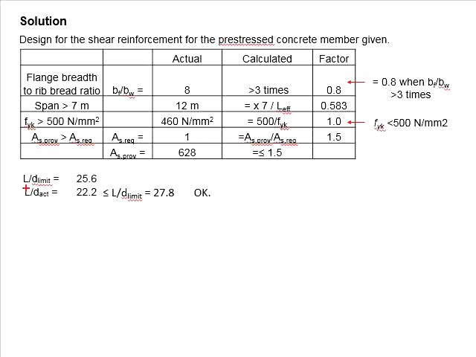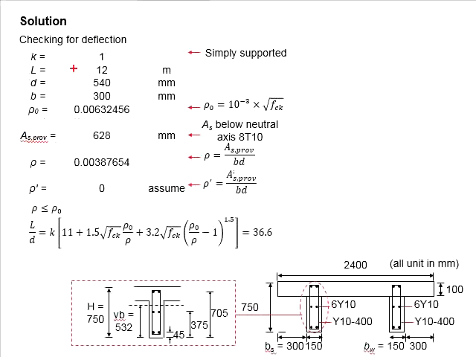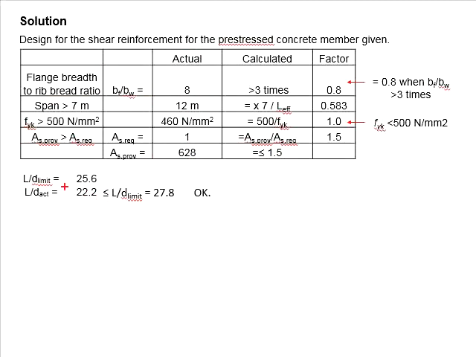Next, we need to determine the actual L per D ratio. The L will be 12 meters. The D is obtained as 540 mm. This will give you the actual L per D ratio of 22.2, which is lesser than the L per D limit. Therefore, we know that the L per D, or deflection, is acceptable.